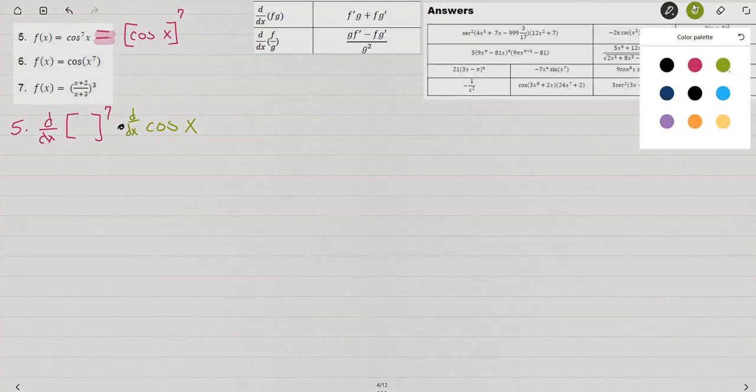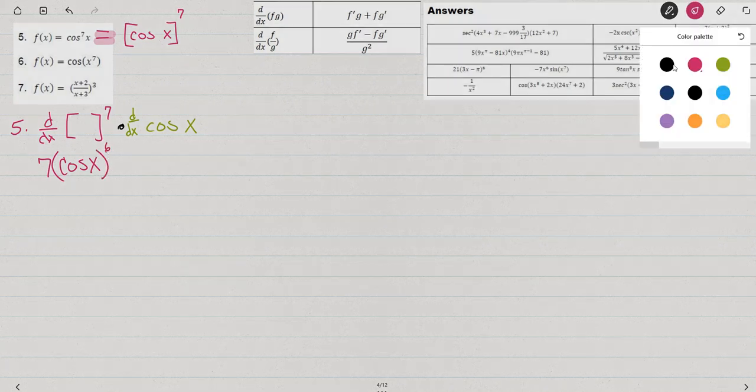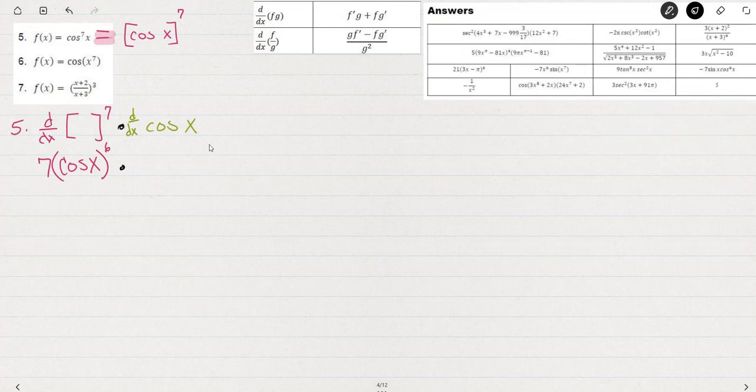The derivative of something to the 7th, we use the power rule, so 7 times the cosine of x to the 7 minus 1. And then I'm going to multiply that by the derivative of cosine. The derivative of cosine is sine, and the derivative of cosine is the opposite, so we get the opposite of sine x.